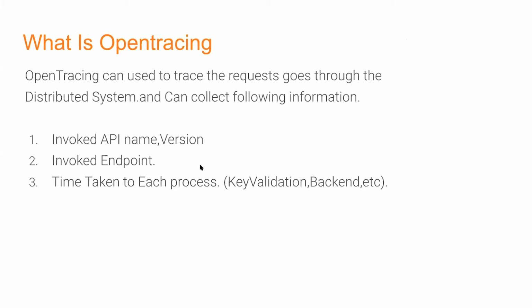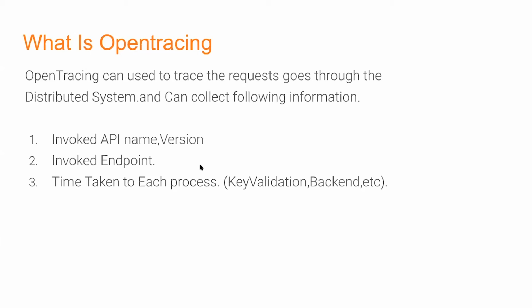Yeah. So let me give a brief description of open tracing and what was done in API Management. API Management can connect to multiple services, and the API Manager can have connections from multiple clients.